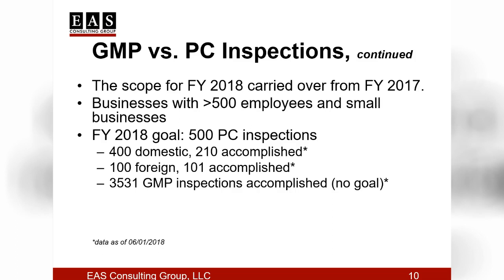And again, this is data that actually was current as of the beginning of June, presented to us in July. So 500 for domestic and 100 for foreign was the goal, 210 accomplished and 101 accomplished at that time. So they've met their goal for the foreign inspections, and we'll see what it shakes out to be by the end of this month. And then a huge jump in GMP inspections, 3,531 reported as of June, but remember the fiscal year starts October 1.